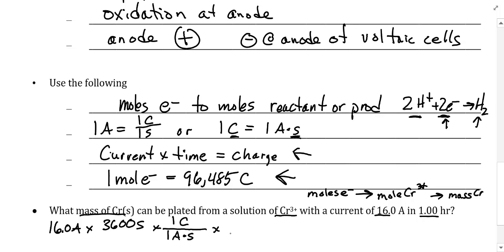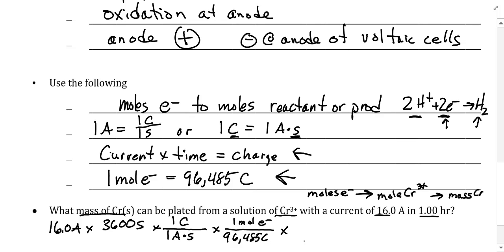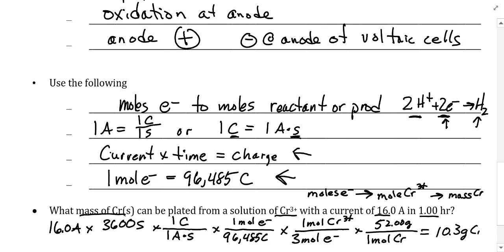We also know that there are 96,485 coulombs in every 1 mole of electrons. In the half reaction, 3 moles of electrons would have to combine with 1 mole of chromium 3+ in order to make 1 mole of chromium metal. The chromium metal has a molar mass of 52.00 grams for every 1 mole, so this works out to be 10.3 grams of chromium metal that can be plated out.